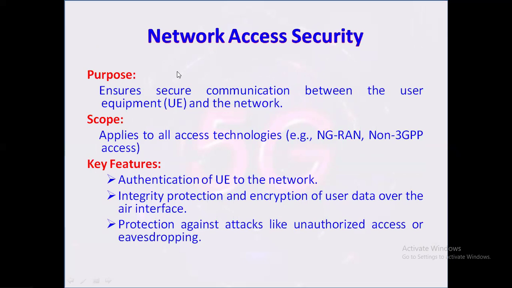As far as network access security is concerned, the primary purpose is to ensure that the communication between user equipment, what we can call UE, and the network remains secure, preventing unauthorized access and data breaches. In a 5G environment, where devices continuously exchange sensitive information with the network components, maintaining a secure communication channel is critical.